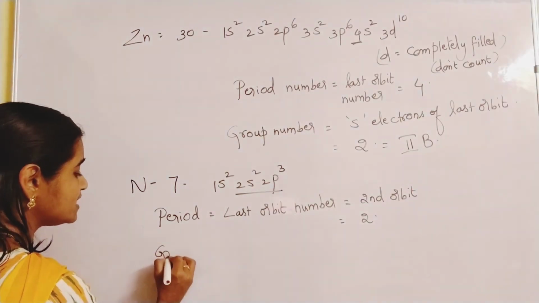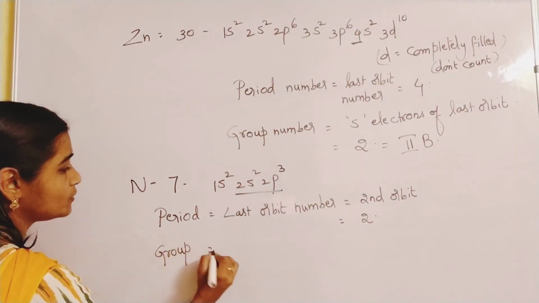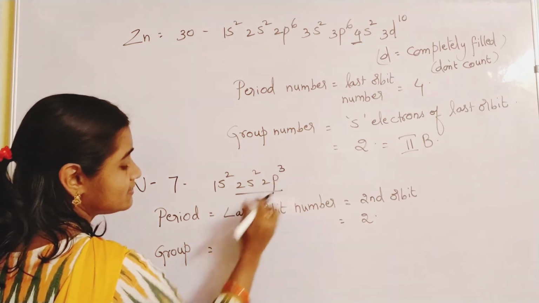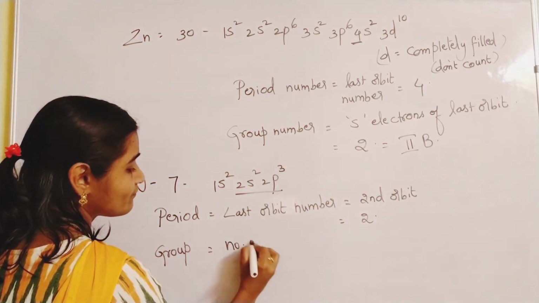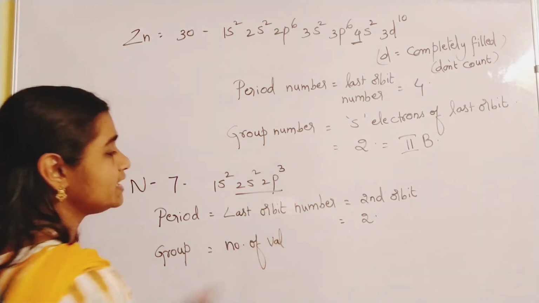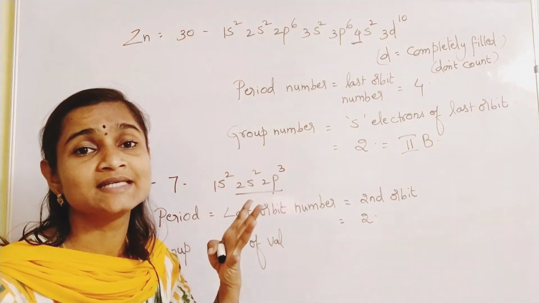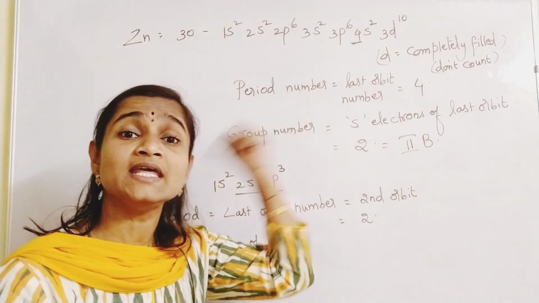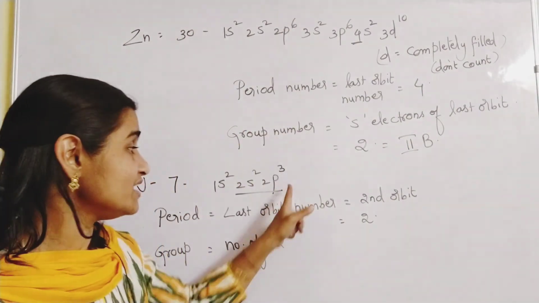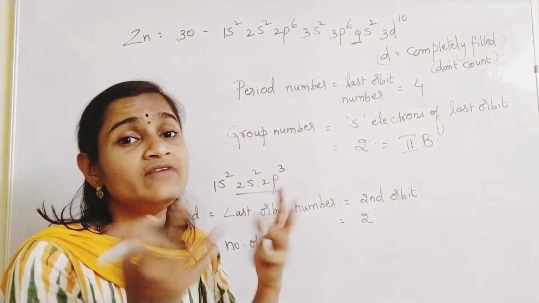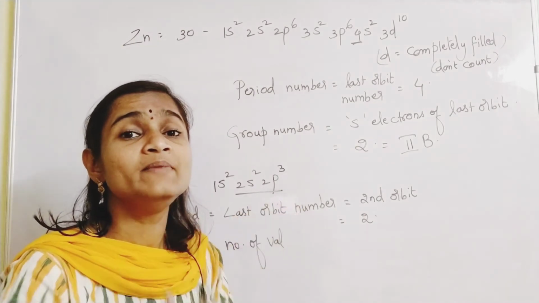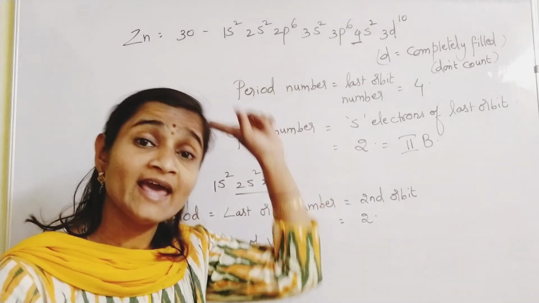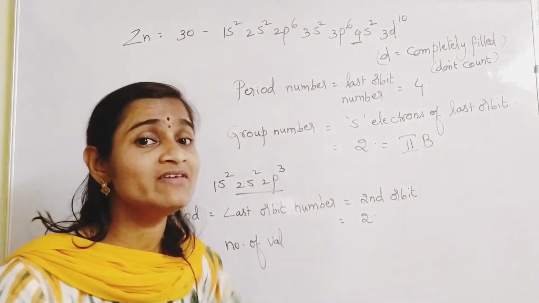And group number is how much? Number of valence electrons. Here you are not finding d electrons, so this element is of category A. If d electrons are not there, it belongs to category A, which we have learnt previously.